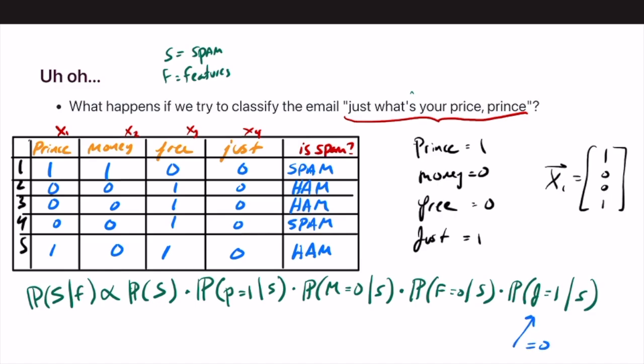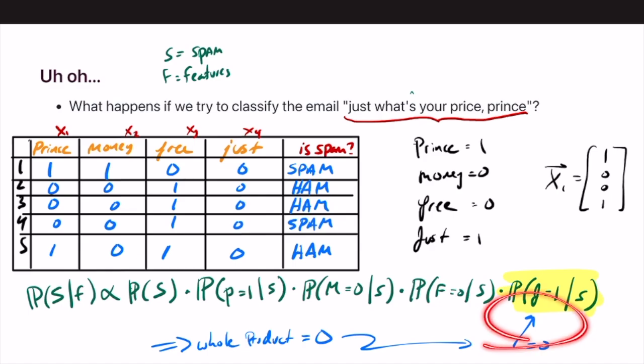This is our fly in the ointment, as they say. So we get the 0 because of this guy right here. Okay, and what did we learn in last class to deal with this?